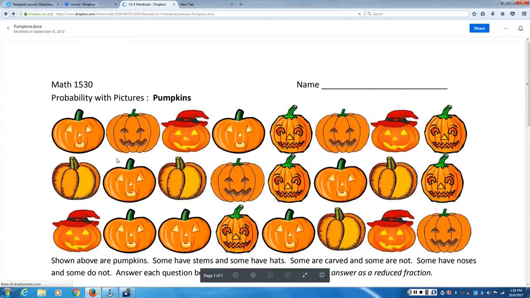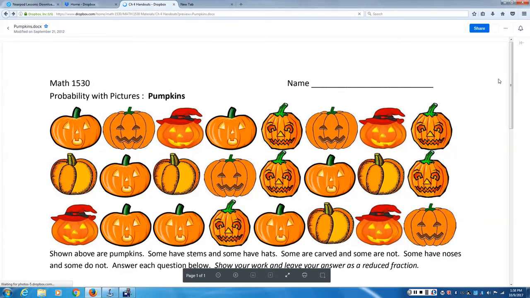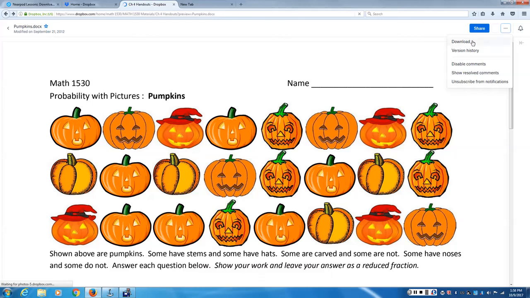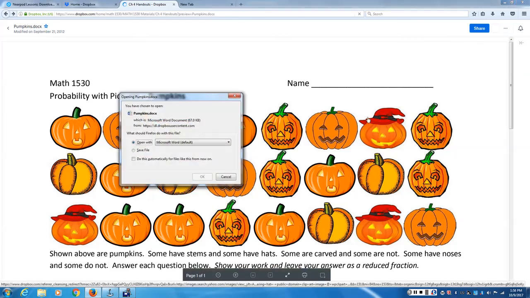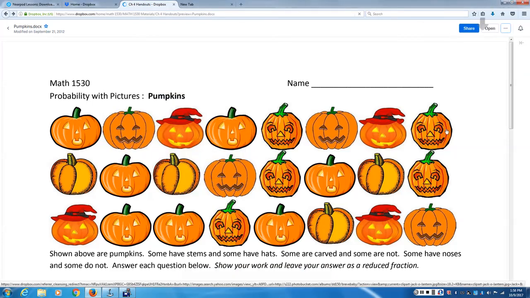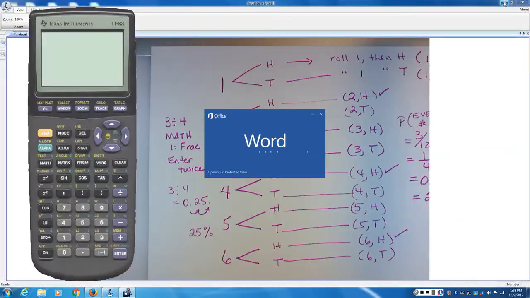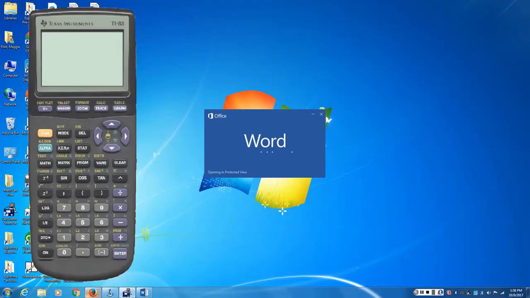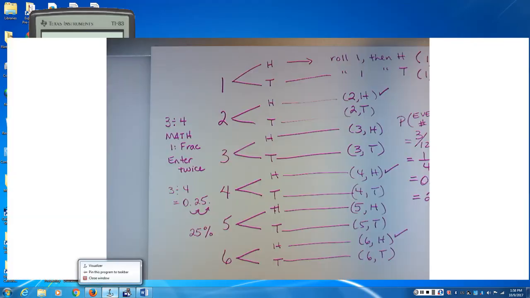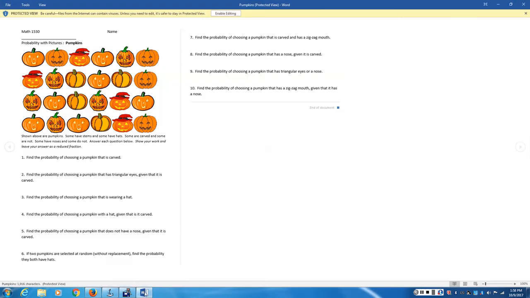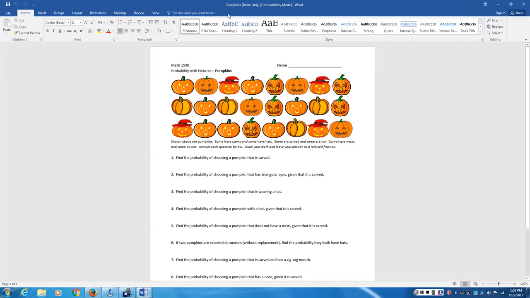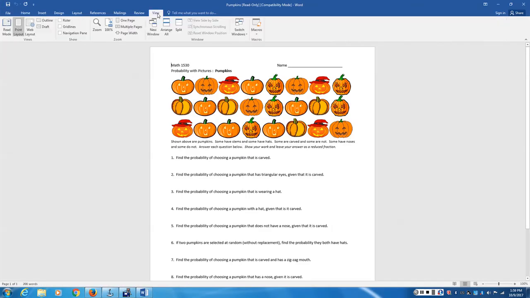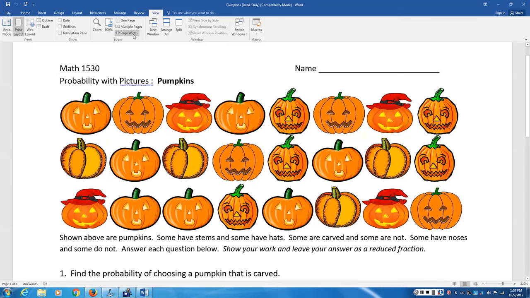Okay, there's our pumpkins. And I printed one off for me so that I can read the questions without having to move the pumpkins.